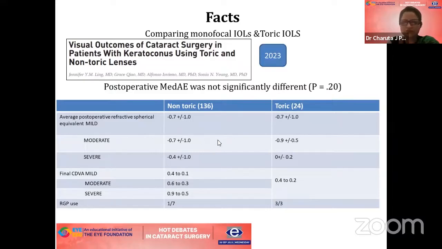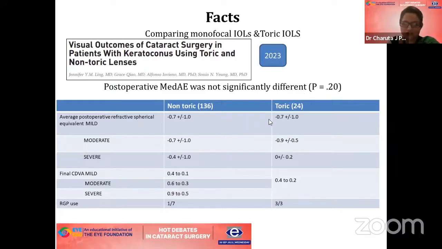However, if we look more carefully at the data also, the patients who underwent the surgery, in both the groups, the mean refractive error, predicted refractive surprise was not different between the two groups. That is the first and foremost pointer.